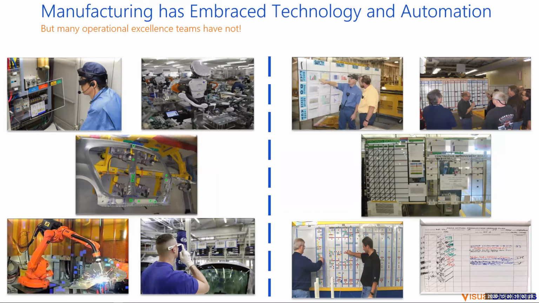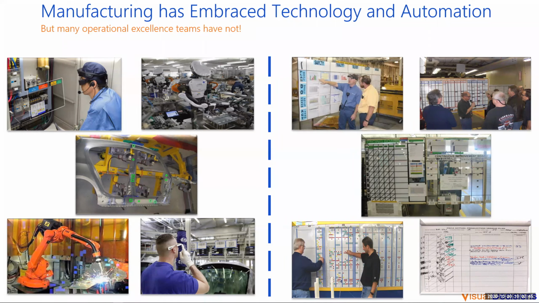One quick note that I'll put out there is that manufacturing has really embraced technology over the past, well, it's always embraced technology and automation. And to a large extent, operational excellence teams have not.